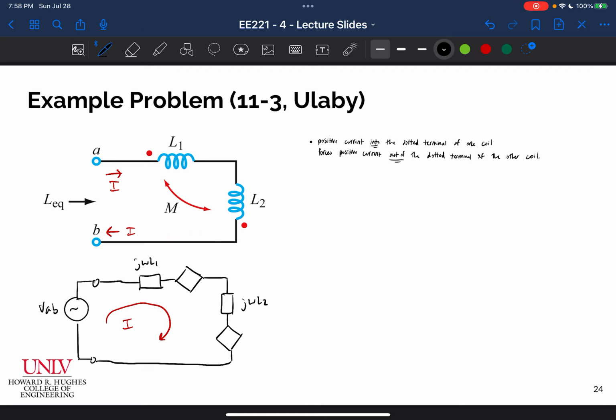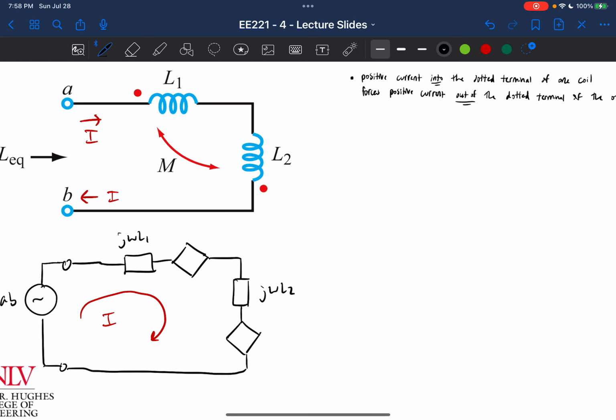Okay, and how would I force a current in that direction? Well, I would need my polarity to be plus minus so that current will flow out of that plus terminal of that source. Okay, now let's look at the other one. And of course, the size of this is going to be the current that induced it, I, multiplied by the impedance of the mutual inductance. Okay, and so here, the current that's flowing in L2 is exiting the dot, right?